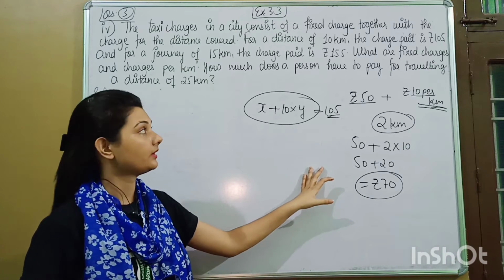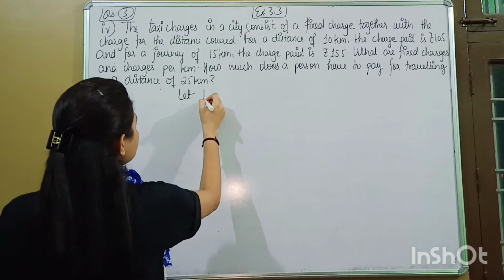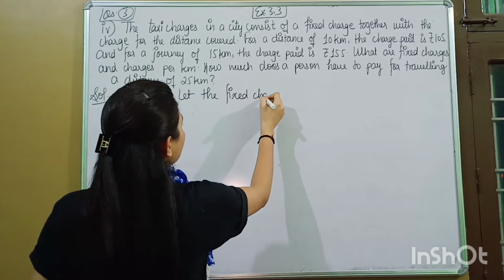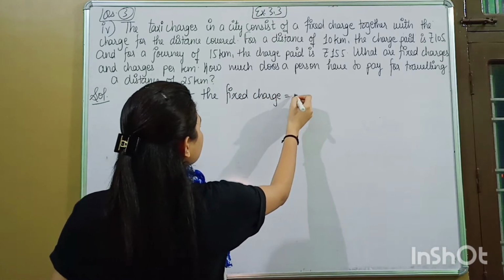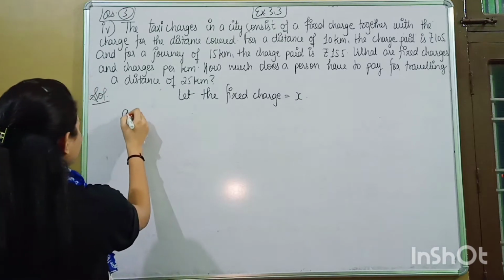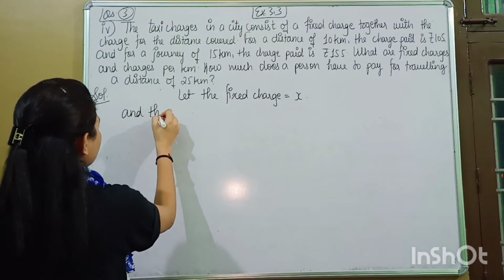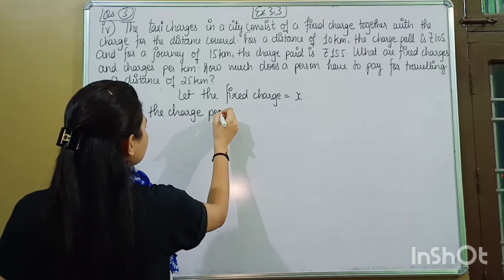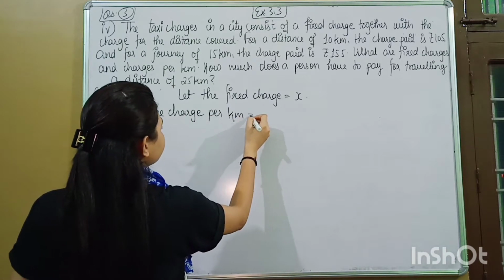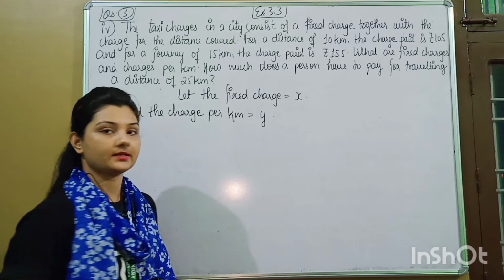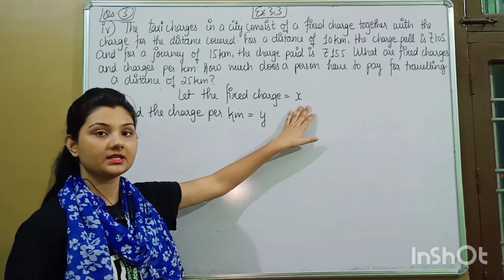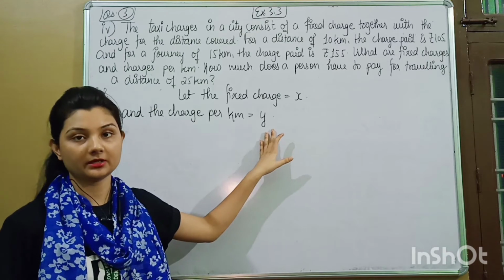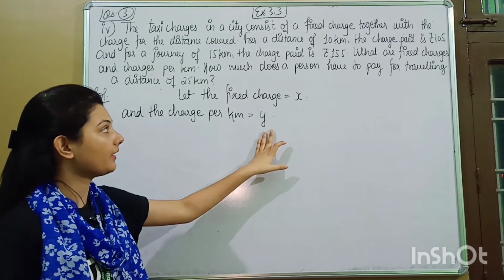Let the fixed charge be rupees x and the charge per kilometer be rupees y. So we have assumed the fixed charge as x and the charge for per kilometer of distance is rupees y.